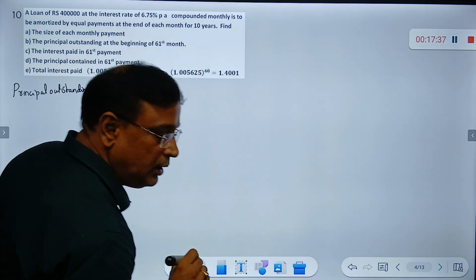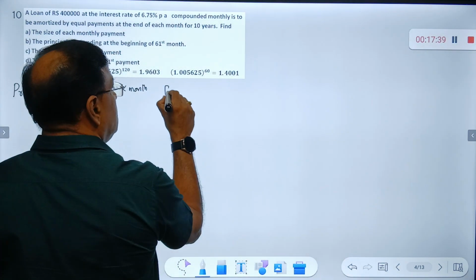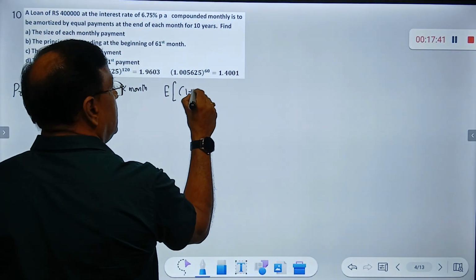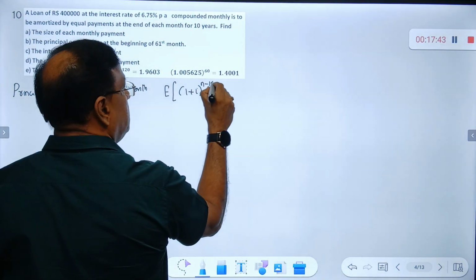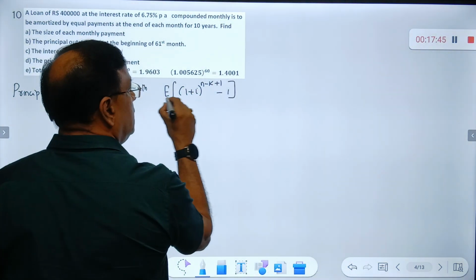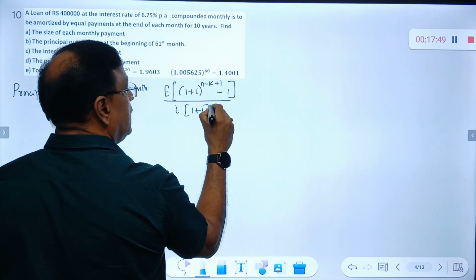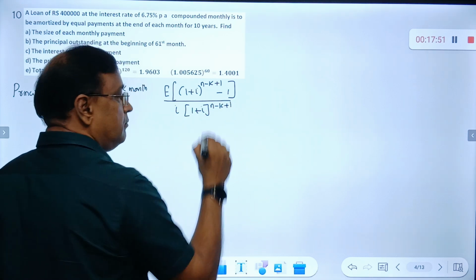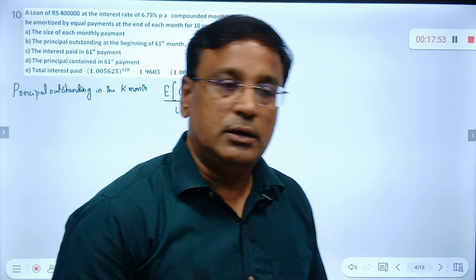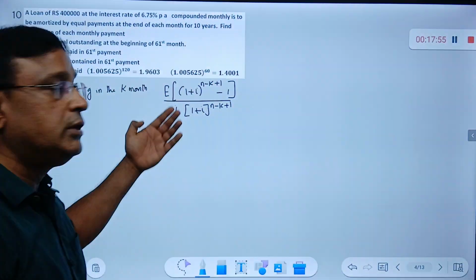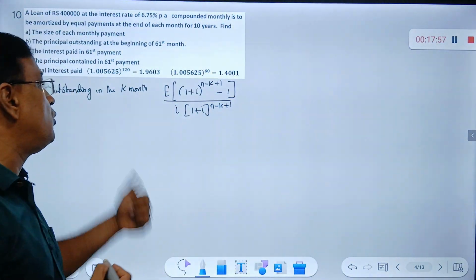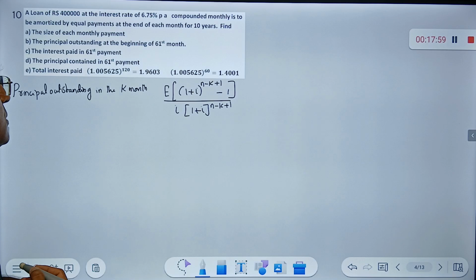The formula will be E into 1 plus I to the power of n minus k plus 1 minus 1 divided by I into 1 plus I to the power of n minus k plus 1. Okay, we have also derived it in the previous videos. So you can always refer to it. I'll put it in the description box.